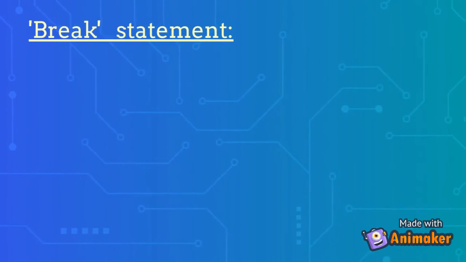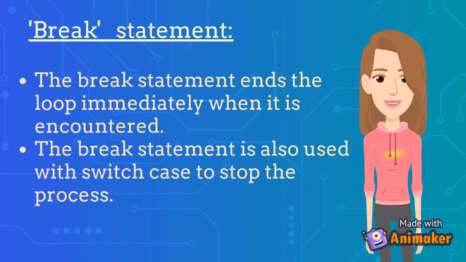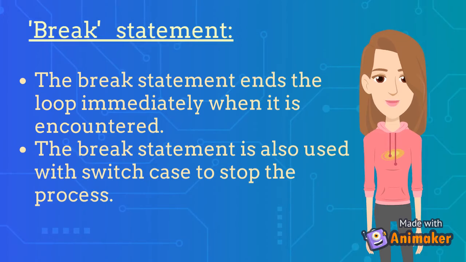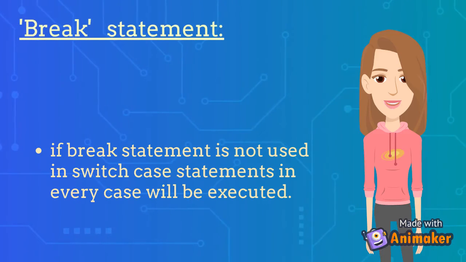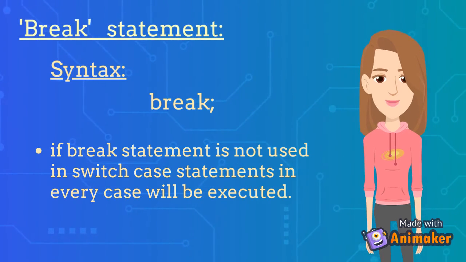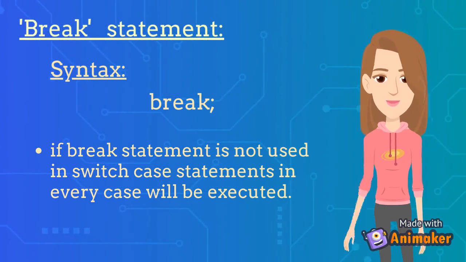Break statement. It is used to stop the process immediately when it is encountered. Break statement is also used with the switch case to stop the process after executing the statements within that case. If the break statement is not used in switch case, statements in every case will get executed.